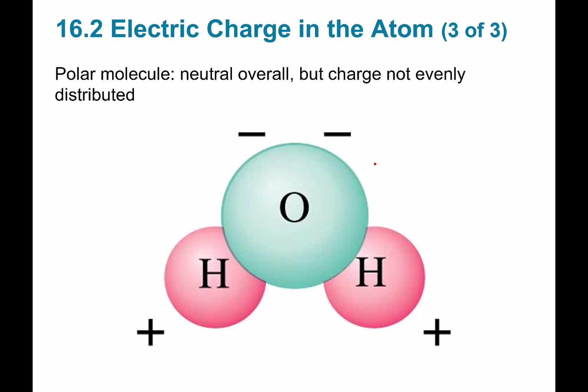Now the water molecule. The water molecule is electrically neutral, but its charge is not evenly distributed, and we can try to understand this phenomenon. It's a very important example.